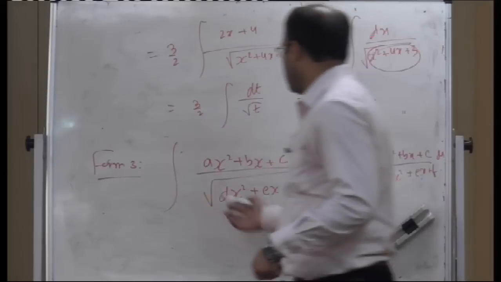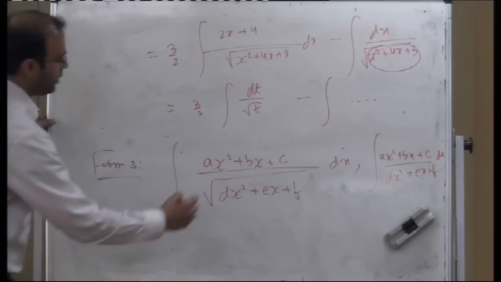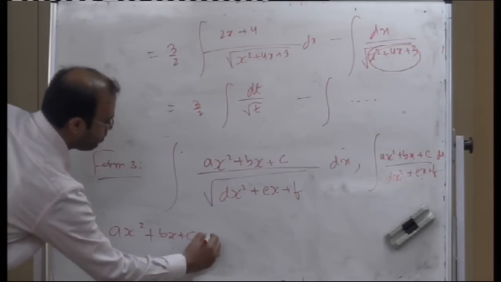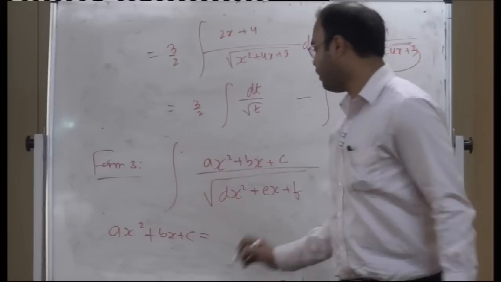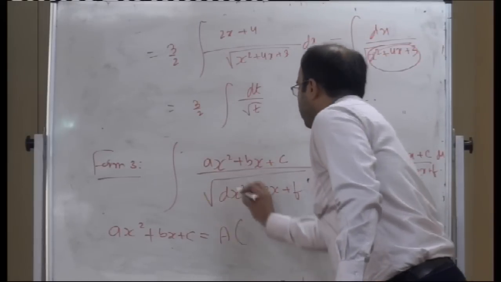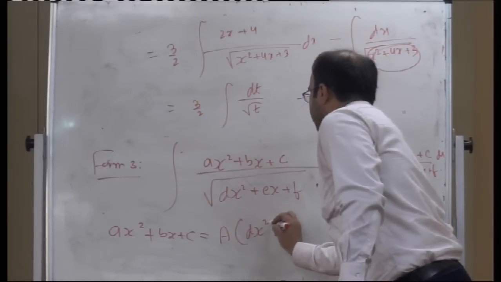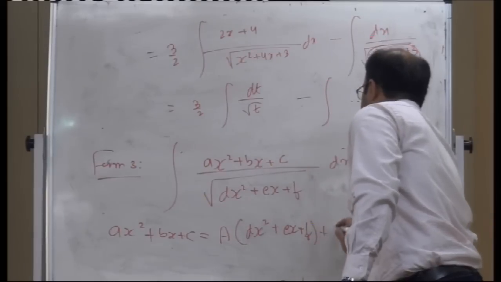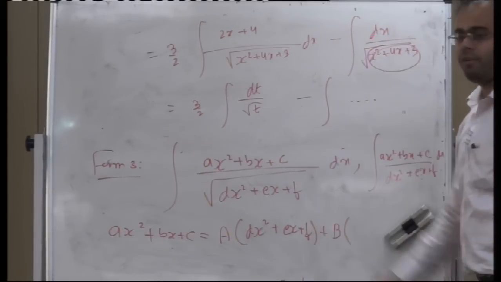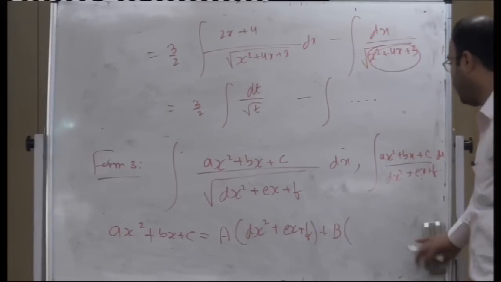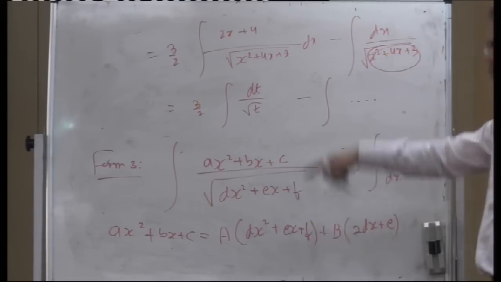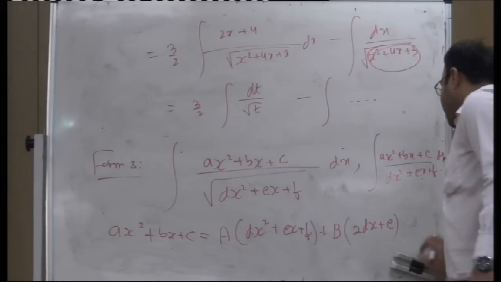So here again you can do one thing. ax square plus bx plus c can now be expressed as some constant a into this square term, a (dx square plus ex plus f), plus b into the derivative of this, that is actually (2dx plus e), which we did in form 2 as well, plus a constant c.